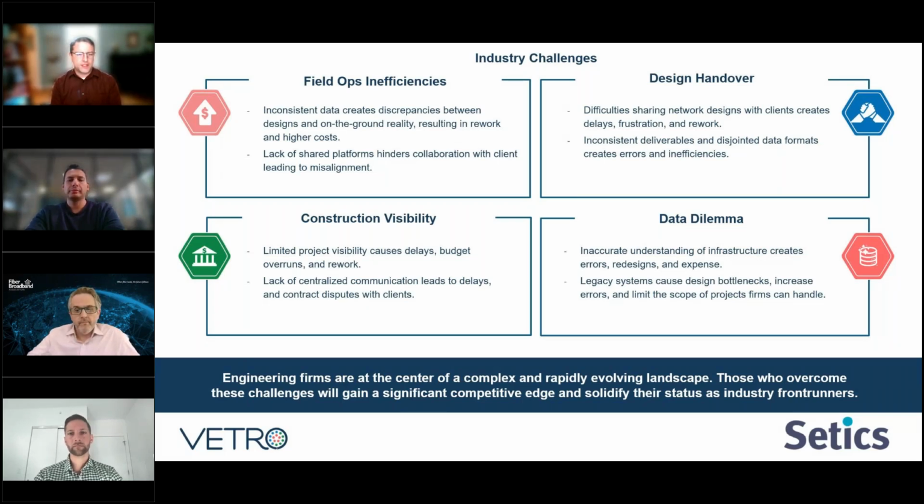in this part of the life cycle. Inefficiencies around field operations. How do we get the real deal that's out there in the world incorporated back in quickly and accurately? How do we get this design that we've done moved over into the customer's system in a way that preserves its value and doesn't require a whole bunch of rework? How do we get visibility into what's actually been done?